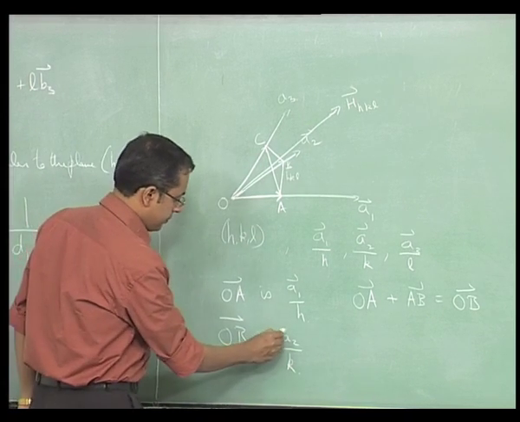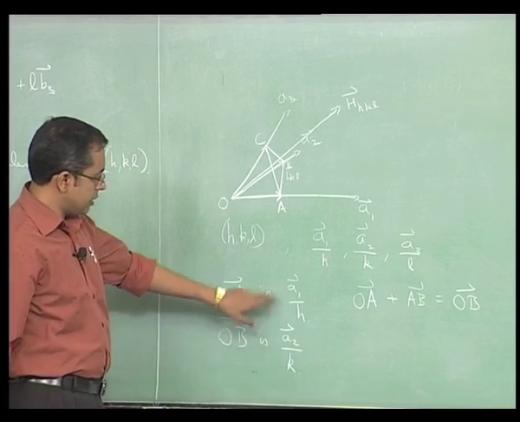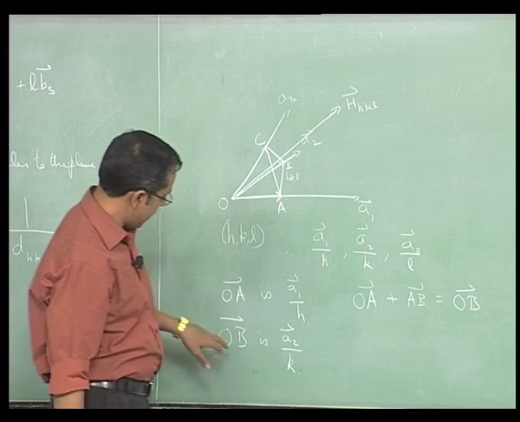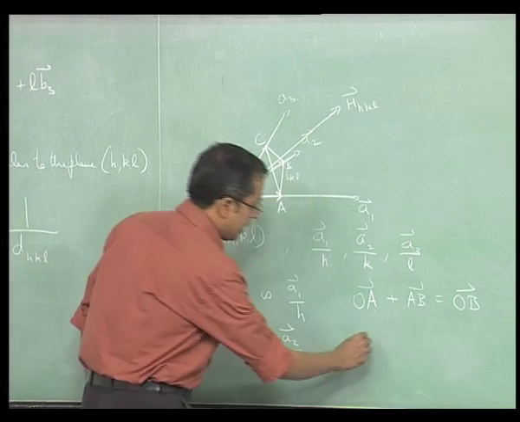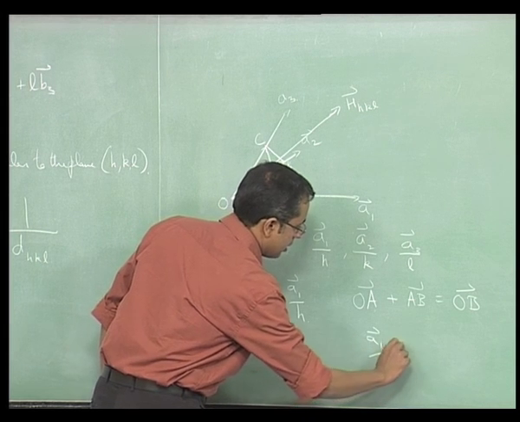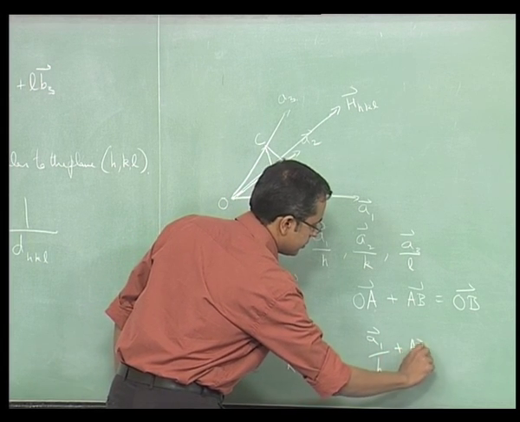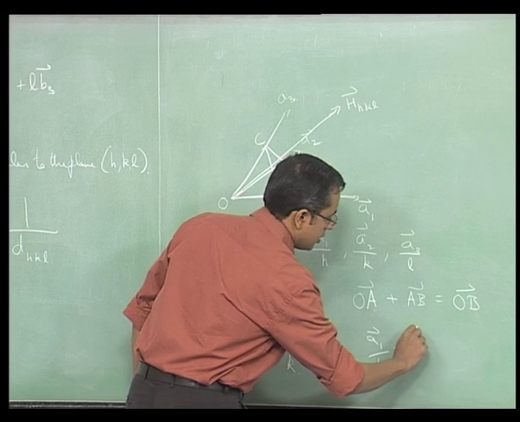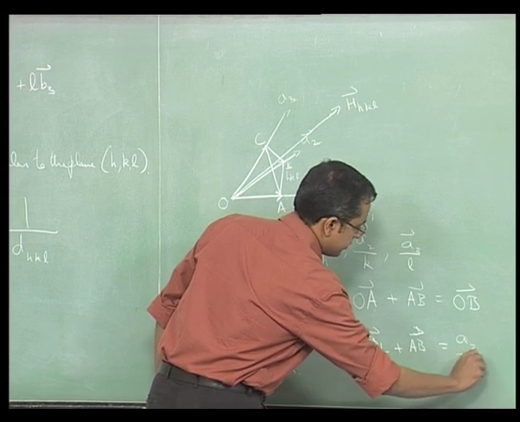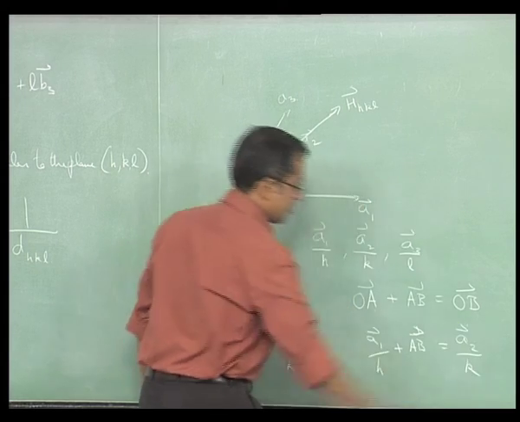So now that we know these are the vectors, we can replace them. OA is A1 by H and OB is A2 by K. So therefore A1 by H plus AB, vector AB, should equal A2 by K, fine.